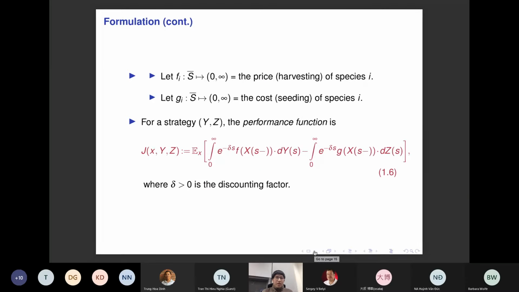Okay, so we introduce the price function. For harvesting, the price is denoted by f_i, and for seeding, the cost is denoted by g_i. So we have the performance function, or the reward function, given by 1.6.